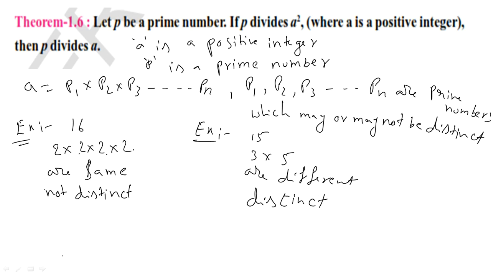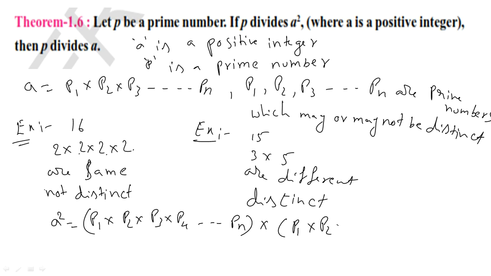Okay. Now, if A is equal to P1, P2, P3, P4 and so on Pn, then A square is equal to P1 into P2 into P3 into P4 and so on Pn into again P1 into P2 into P3 and so on Pn.